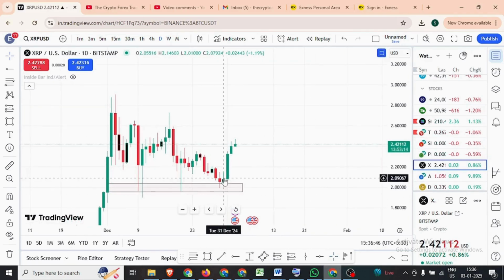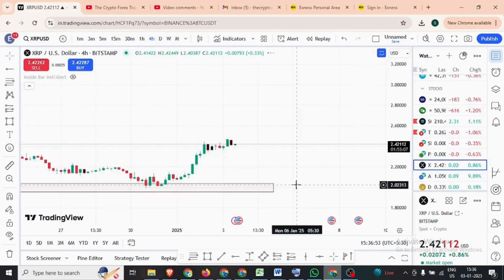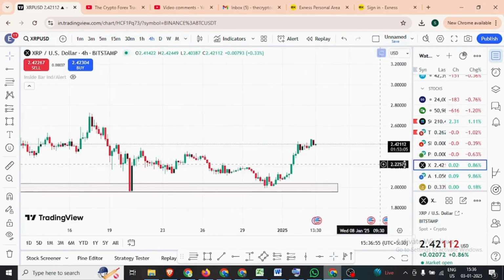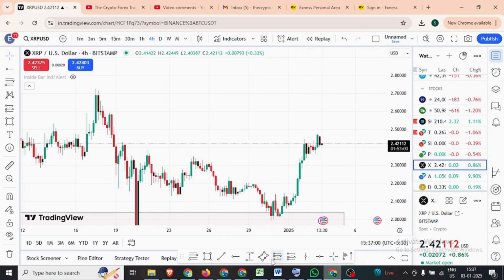And here as well, it is an inside bar after the breakout of the mother bar. Let's see if there is any trade setup forming for swing.